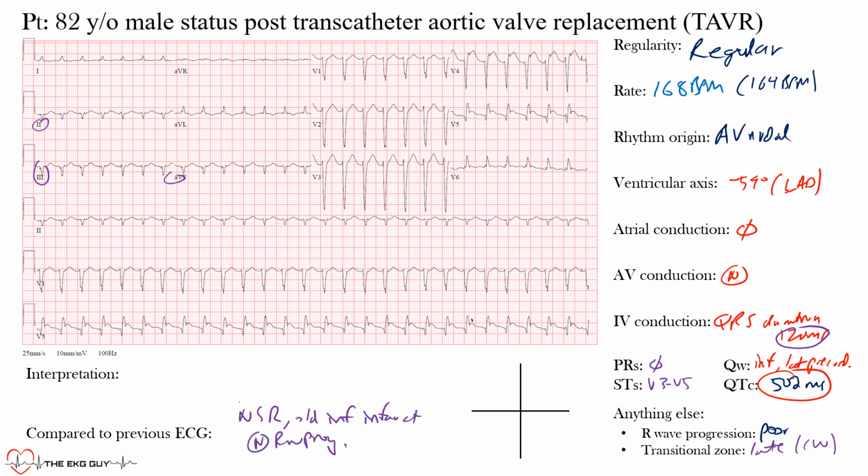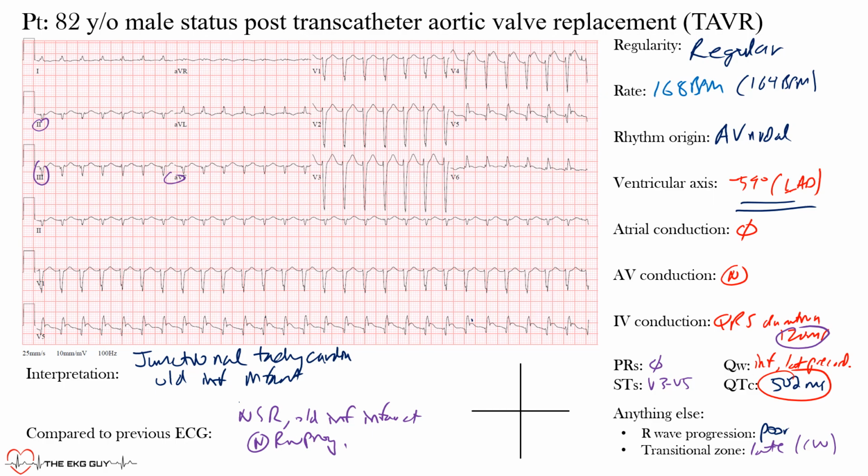So let's put it together in context, what's going on here. This interpretation is actually a junctional tachycardia. Okay. There's an old inferior infarct that may be contributing to the left axis shift, and we don't say left axis deviation if we then code an old inferior infarct, because naturally it would do that.